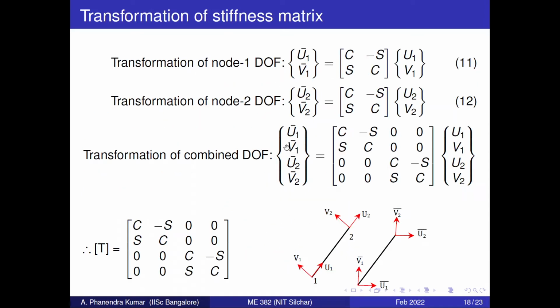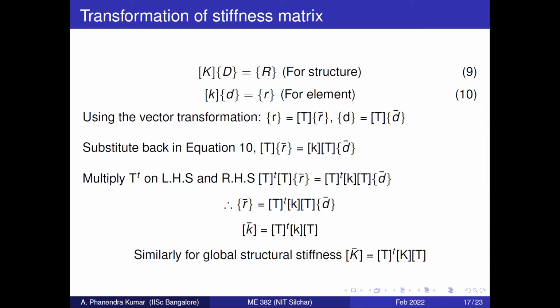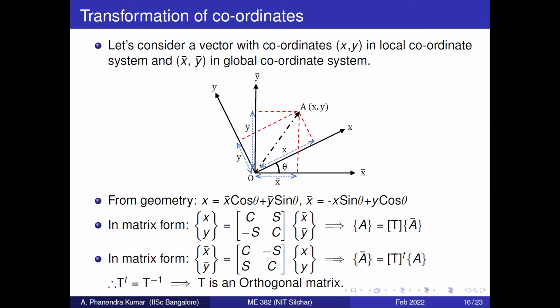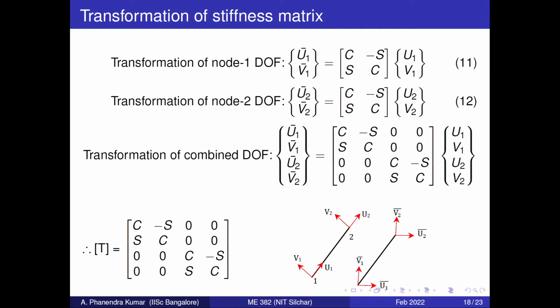Now let's see how, using the transformation of coordinates formulation, we can derive the global stiffness matrix for an inclined truss element. Here you can see the inclined truss element, making an angle beta, and these are the local coordinate systems I have considered. This is node 1, this is node 2.